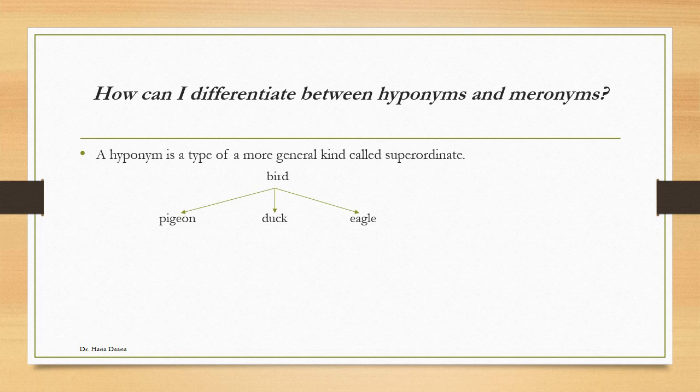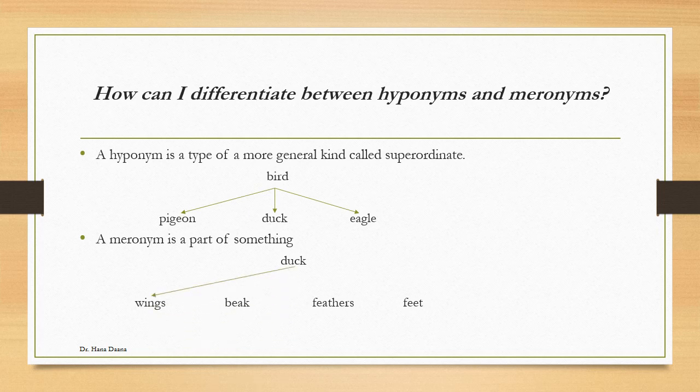So when we are talking about those hyponyms, pigeon, duck, and eagle, of the term bird, which is the more general one, we use the verb to be in order to describe this kind of relationship. We say a pigeon is a bird, a duck is a bird, and an eagle is a bird as well. Whereas a meronym is a part of something. Example, the term duck has different parts.